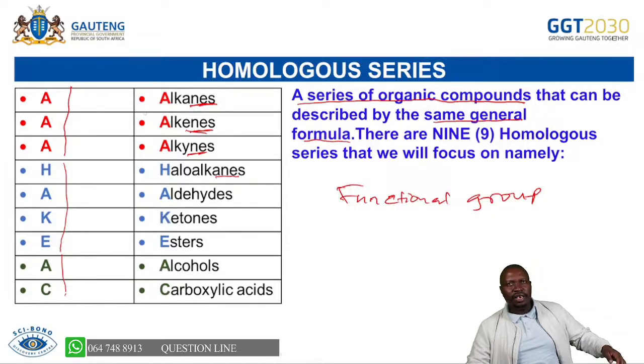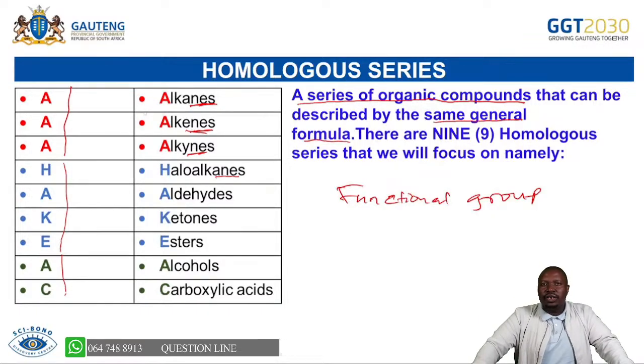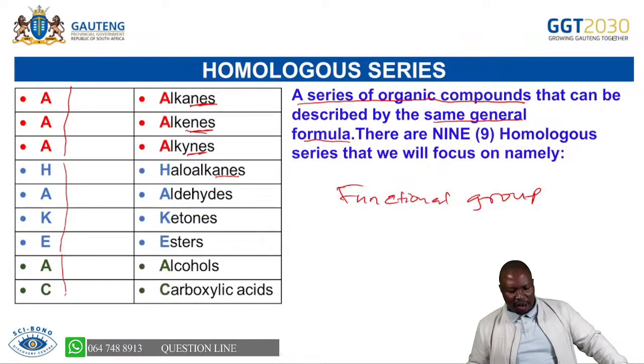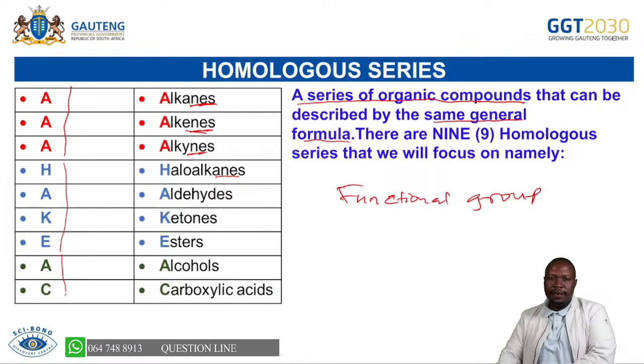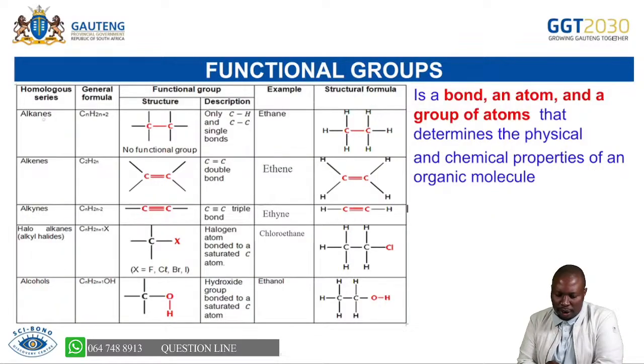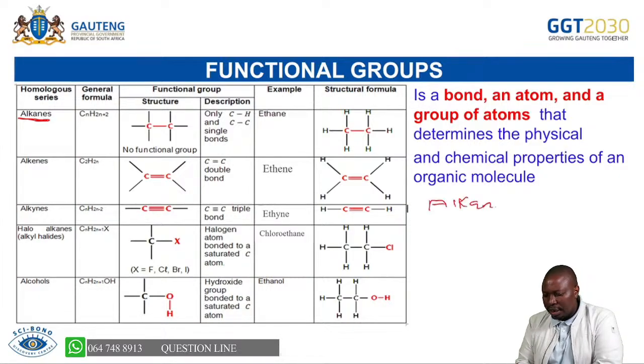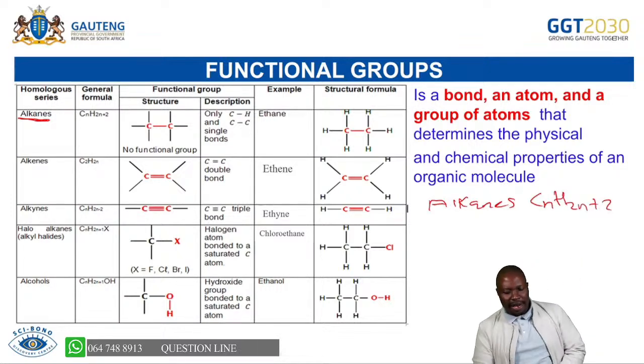Now, let's go straight to the functional groups. First, we're talking about alkanes. We said all alkanes have the same general formula. The general formula for alkanes is CnH2n+2.